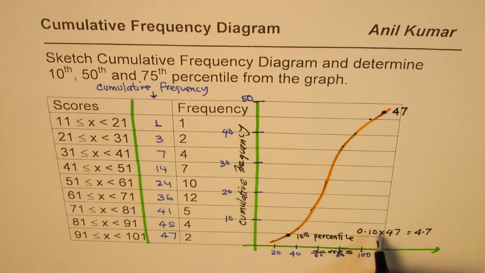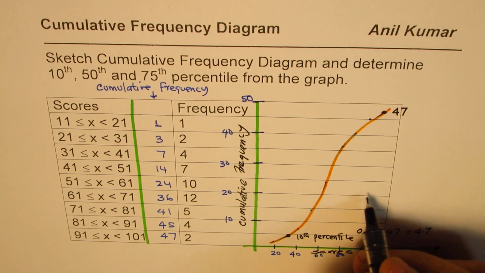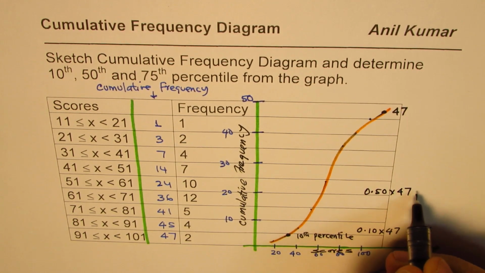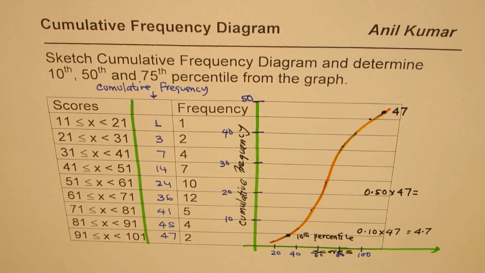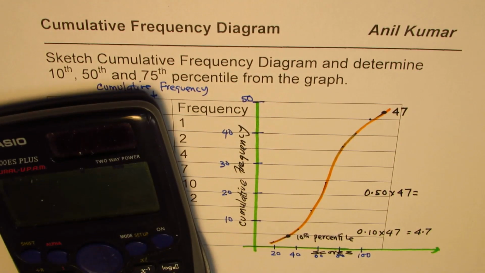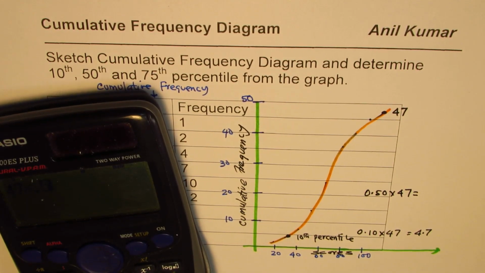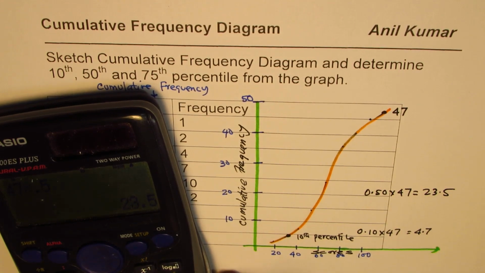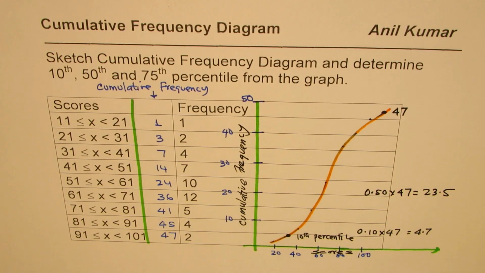How about 50th percentile? Somewhere in between, right? So which is 0.50 times 47. So you could do half of 47 or use a calculator, right? So 47 times 0.5 gives you in decimals 23.5. So 23.5 is the value you're looking for.